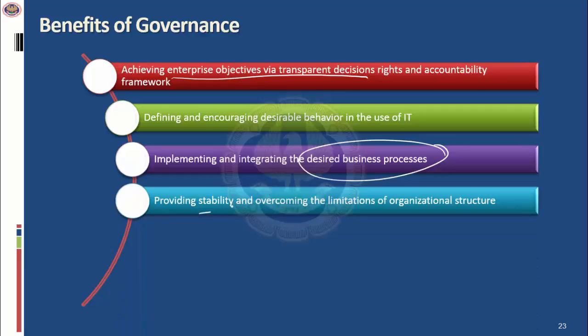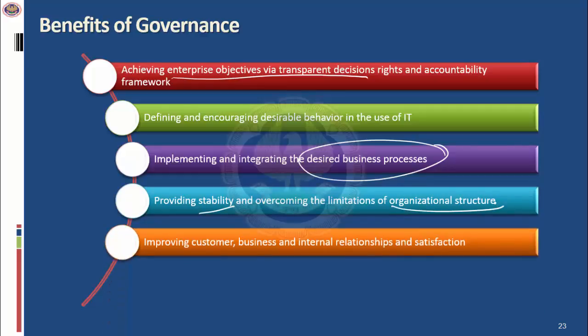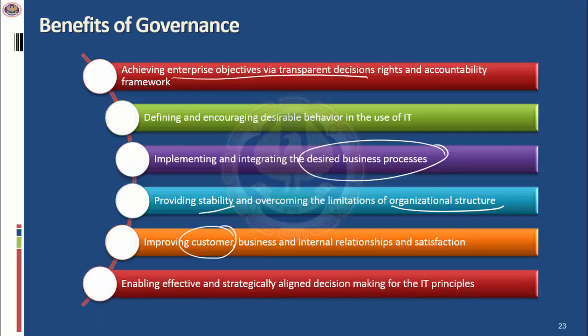You're able to provide stability and overcome the limitations of the organized structure, because you look at things from a macro perspective. You also will be able to provide better customer service, a business-centered relationship, and better customer satisfaction. And you can enable effective and strategically aligned decision-making IT for achieving the enterprise objectives.